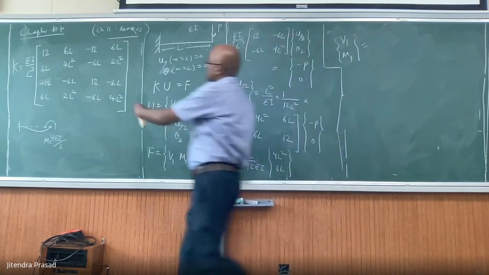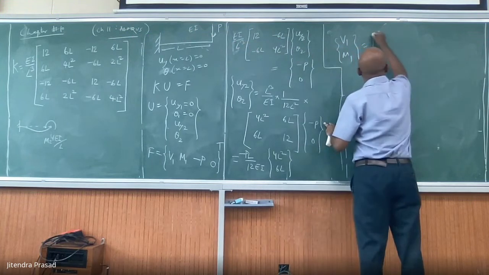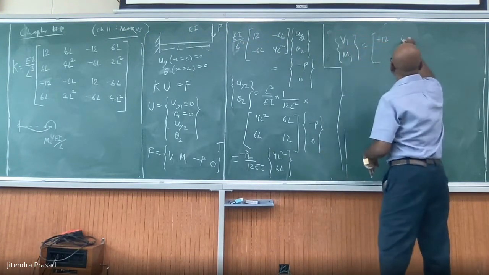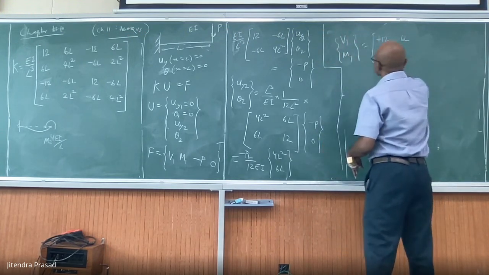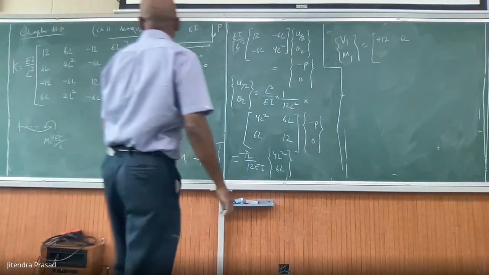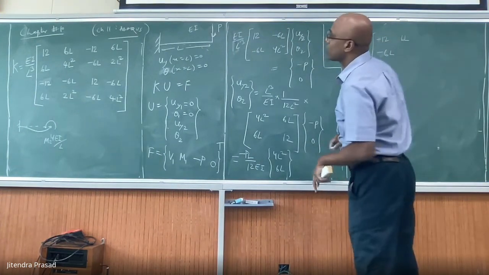V1, M1 is equal to, we get this one, minus 12, 6L, minus 6, minus 6L, and 2L squared.